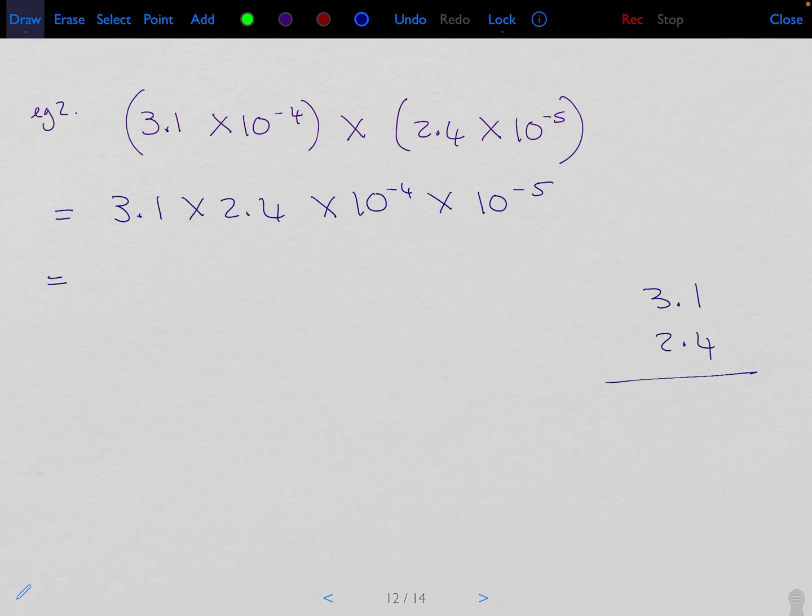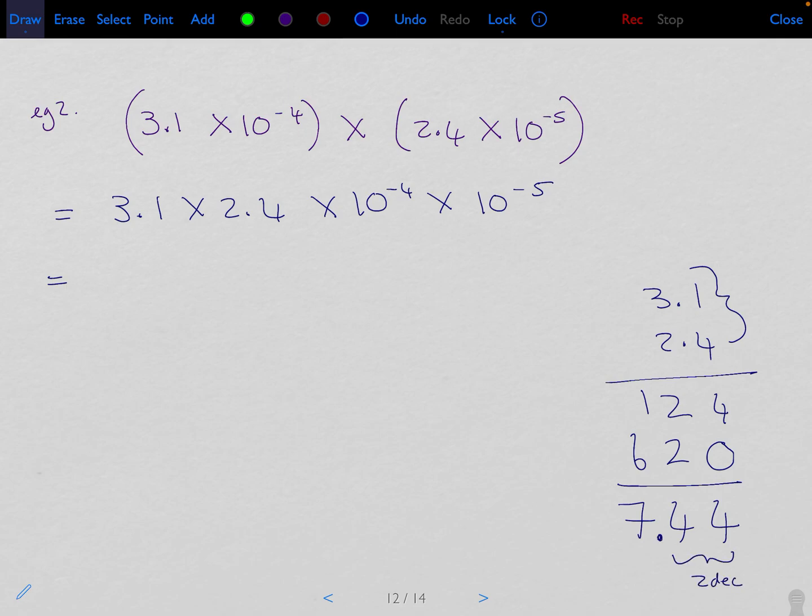But this is not going to be very hard to do. 4 times 1 is 4, 4 times 3 is 12, and now the 2 is 10 times bigger, so I put a 0 there. 2 times 1 is 2, 2 times 3 is 6. And when we add them together, there's the 4, and there's the 7. You're supposed to know that because there are 2 decimal places here, there will automatically be two decimal places here as well. Which makes sense because 3 times 2 is 6, so your answer should be close to 7. It can't be 74. That doesn't make any sense.